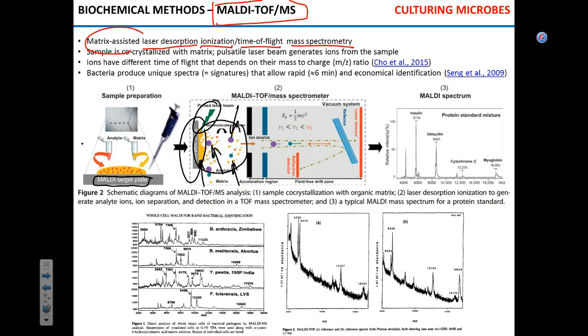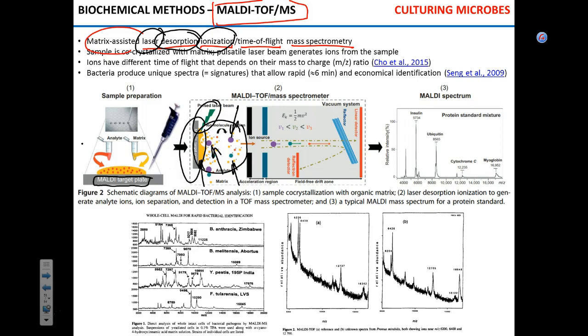Laser beam hit the matrix so hard that fragments of your sample that are in the matrix start to fly out, and as they get hit, they also lose electrons. So they become ionized. So laser, look at the title, laser kicks them out, desorption, and ionizes them. Does that make sense?